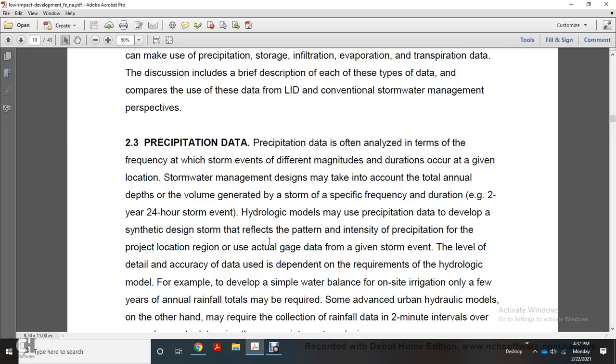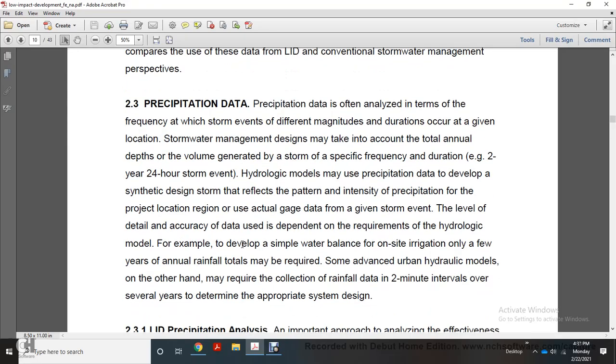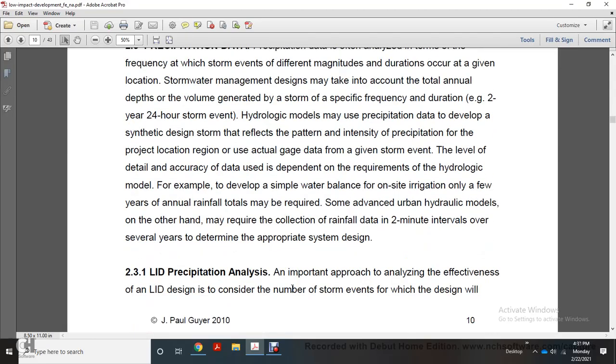The level of detail and accuracy of the data depends on the requirements of the hydrologic model. For example, to develop a simple water balance for on-site irrigation, only a few years of annual rainfall totals may be required. Some advanced urban hydraulic models, on the other hand, may require a collection of rainfall data at 2-minute intervals over several years to determine the appropriate system design.